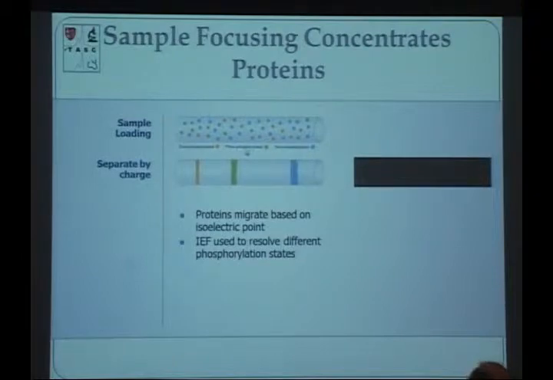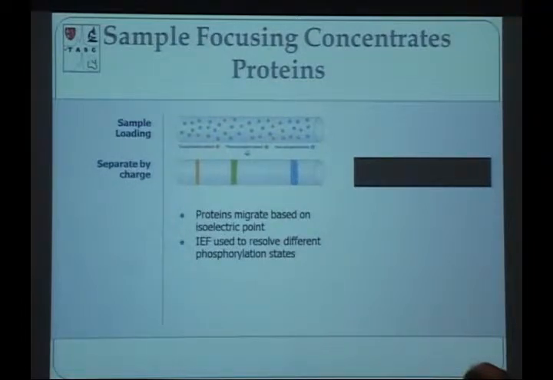And then you apply voltage, and when you apply voltage, some things go to the positive end, some things go to the negative end. So you can basically separate different isoforms, which are either phosphorylated or unphosphorylated, because the phosphorylated ones will go towards the acidic end, and the non-phosphorylated ones will go to the more basic end. So you'll have a nice separation after all this happens.